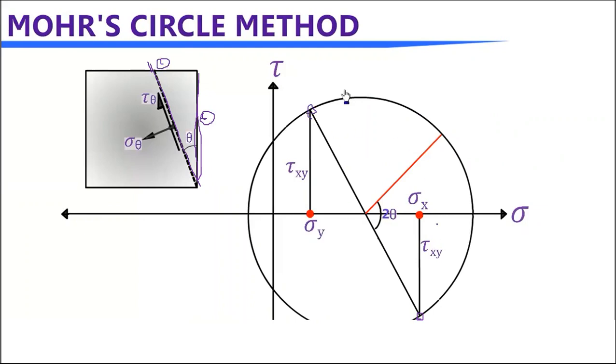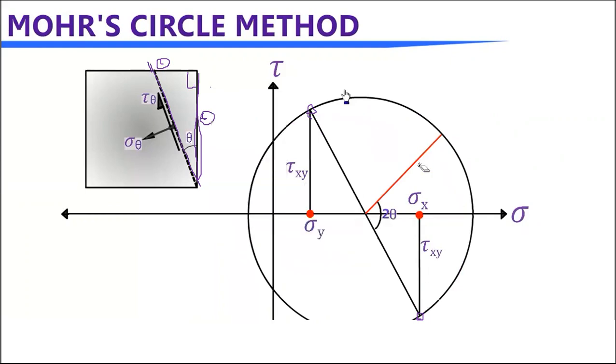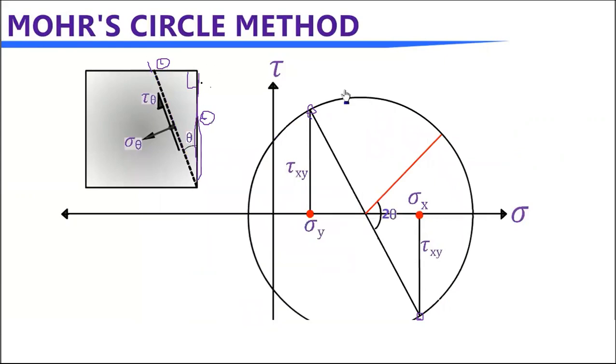So you can see the angle between these 2 points is 180, but the real angle between these two planes is 90. So that means you have double the angles, double the actual angles when it comes to the Mohr circle. So if the Mohr circle gives you 2 theta, that's actually theta in the real element.